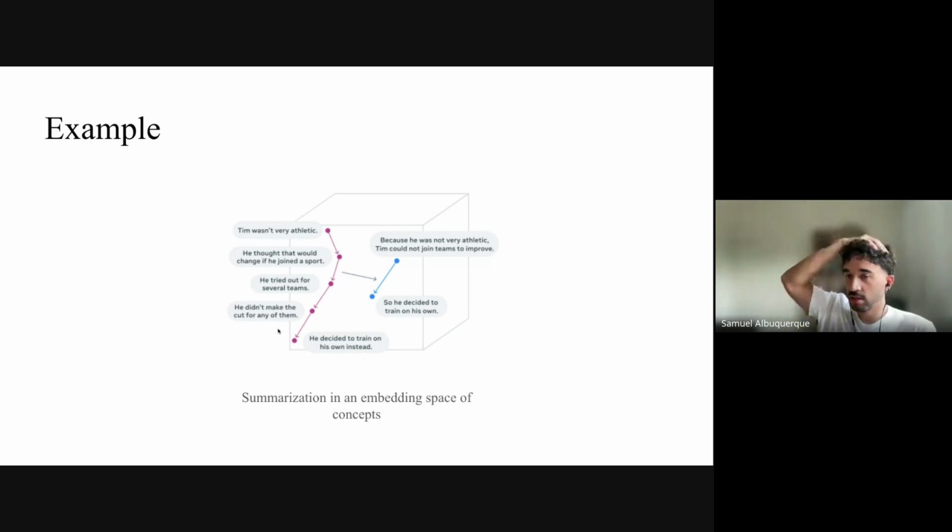Then in this embedding space, the summarization task summarizes all of these four points into the same idea and gets to the same conclusion, that he decided to train on his own. This is an example that they give in the paper about how to reason in this space of concepts, and how that can be done.